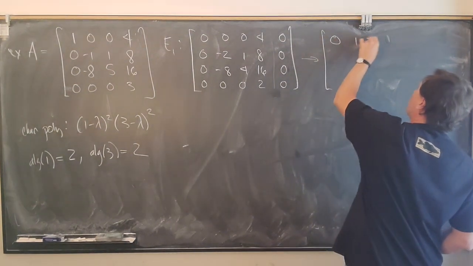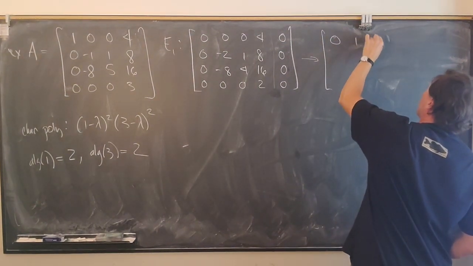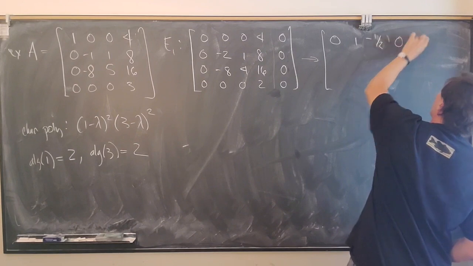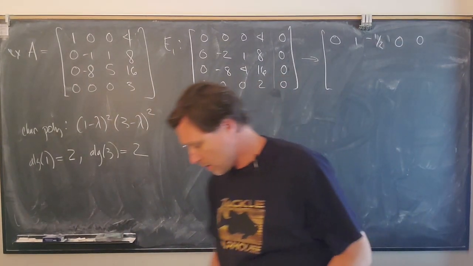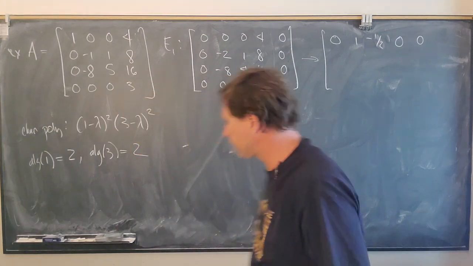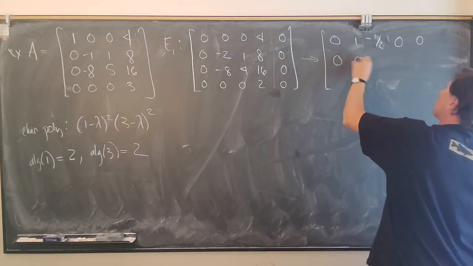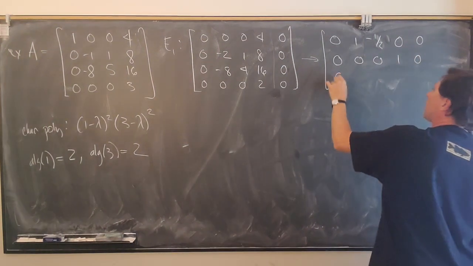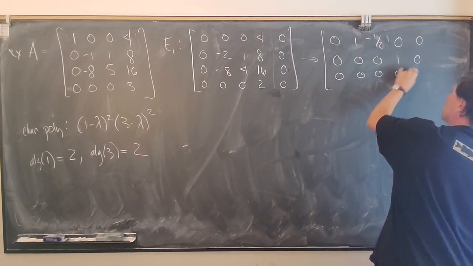Then 0, 0, 0, 1, 0. And then we have 2 rows of zeros.